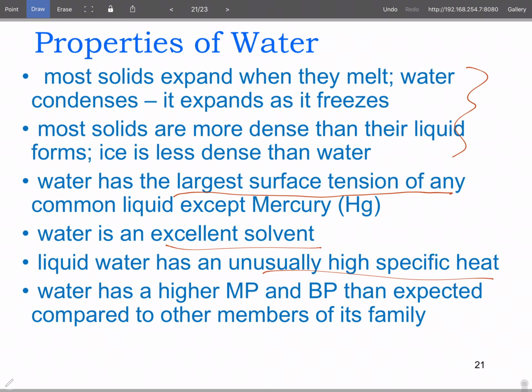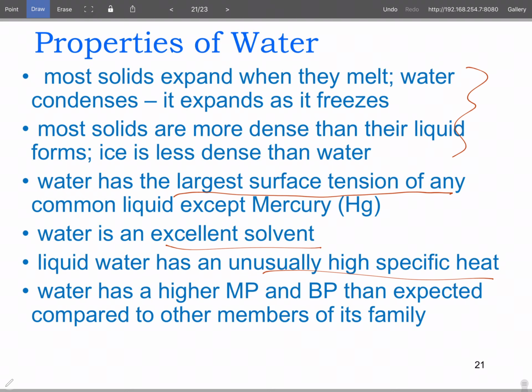It has a high specific heat, which is very critical because, again, you're made mostly of water. And your body can only handle so much temperature-wise. So if it didn't take a lot of energy to raise the temperature of water, you would pretty much combust when you got a cold or something else because you would have too high of a temperature.